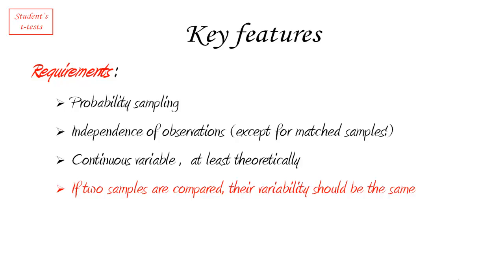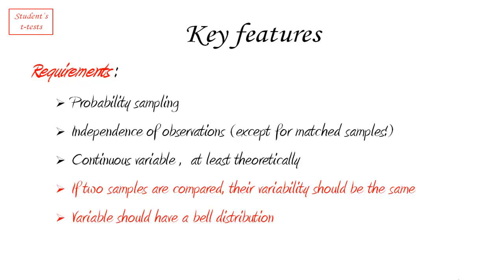In fact, according to the technicalities of the t-test, the standard deviation should be the same in the two populations. So the population standard deviation. Of course, in the samples we may end up with slightly different numbers, but they shouldn't be too different. We're going to see later what can be done when the variabilities are actually not equal. But the t-test per se requires the variabilities to be the same.